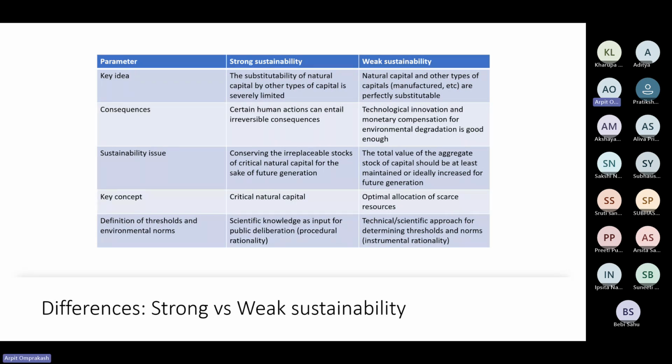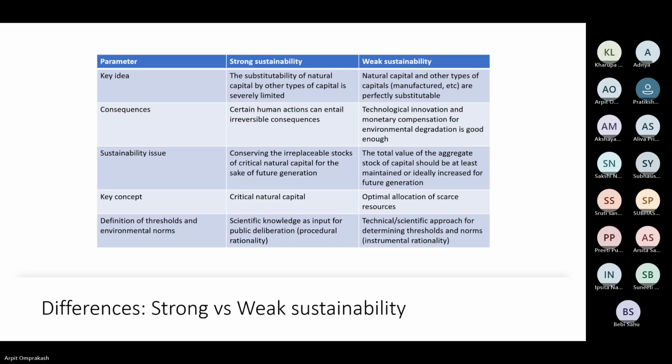For strong sustainability, the sustainability issue is conserving the irreplaceable stocks of critical natural capital for the sake of future generations. For weak sustainability, the sustainability issue is that the total value of the aggregate stock of capital, both natural and manufactured, should be at least maintained or increased for future generations.